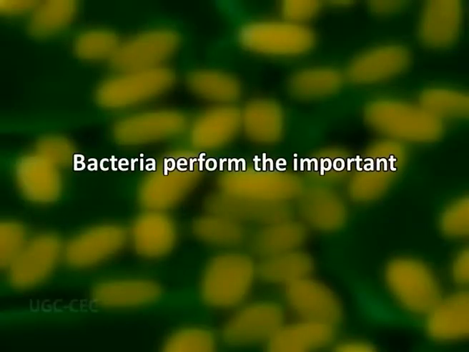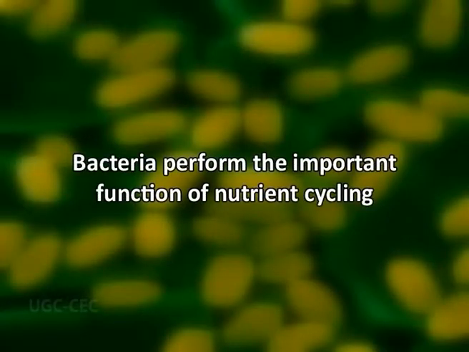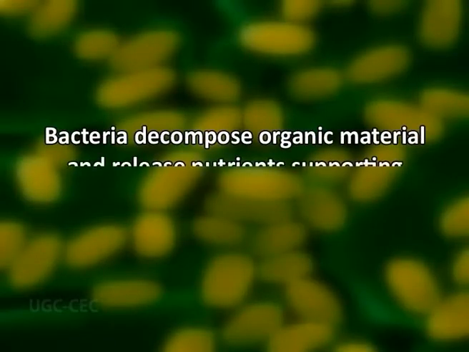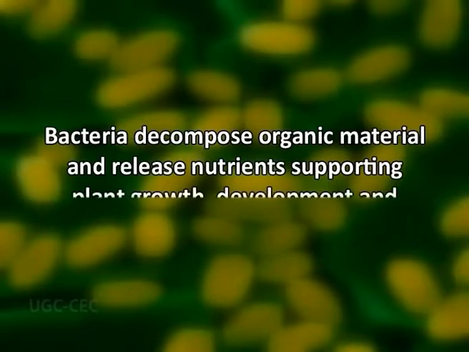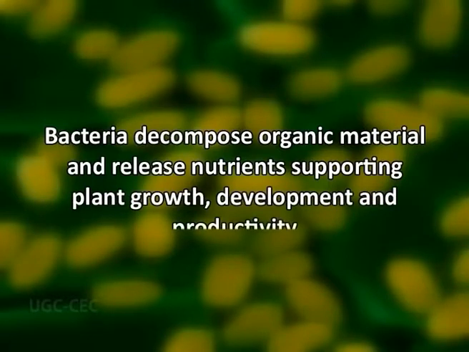The bacteria perform the important function of nutrient cycling which drives ecosystems and life on earth. The bacteria decompose organic material and release nutrients which support plant growth, development and productivity of plants.